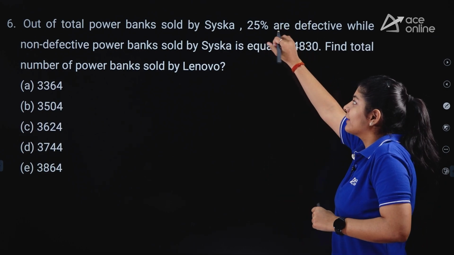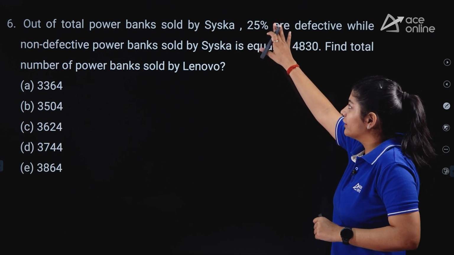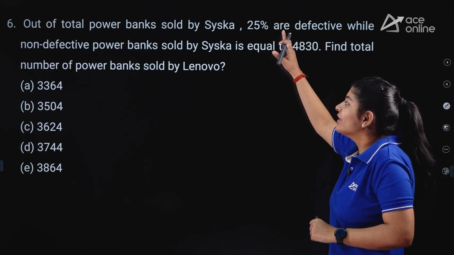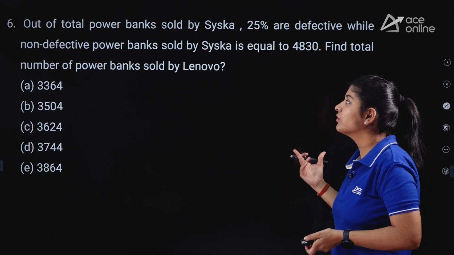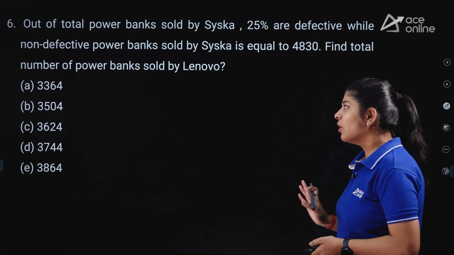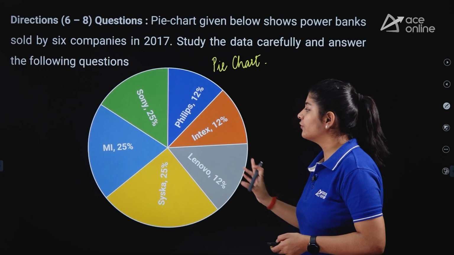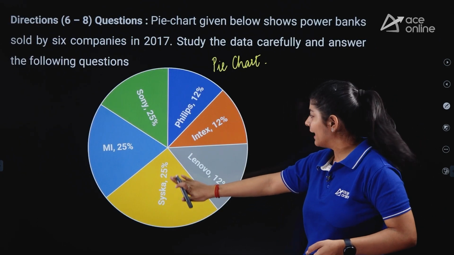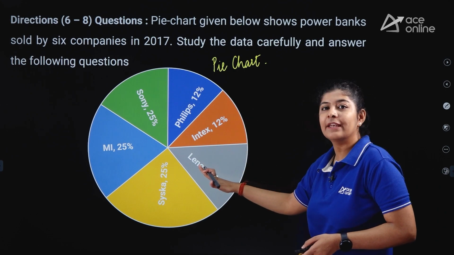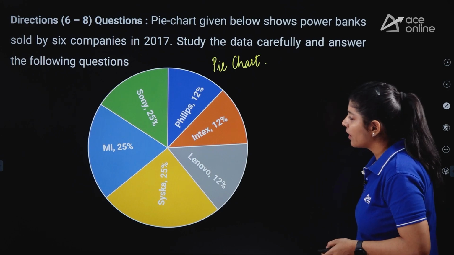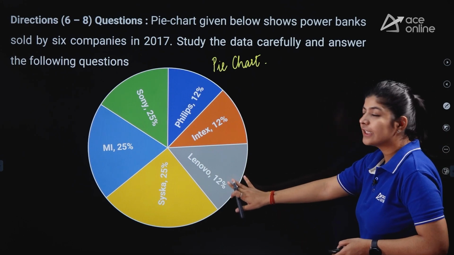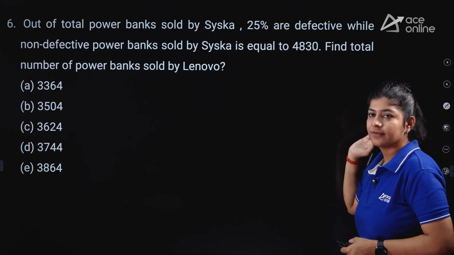First we have to calculate a few values based on the Cisco data, and with the help of that, find the number of power banks sold by Lenovo. So first focus on Cisco, and after that focus on Lenovo. Basically you have this chart and you have this question.